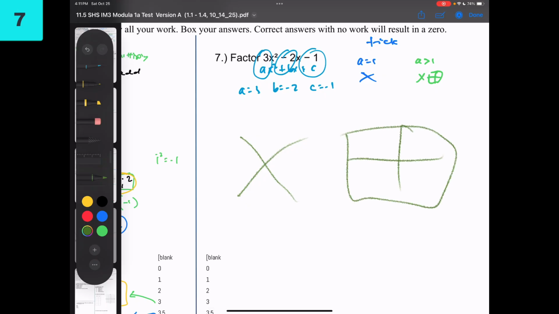Since a is 3, you have to do this part. So that'll be a times c, and then our b value. So a times c is 3 times negative 1 is negative 3. And my b value is negative 2.